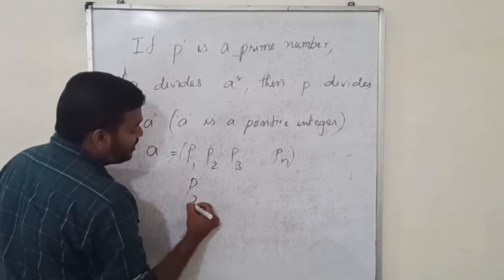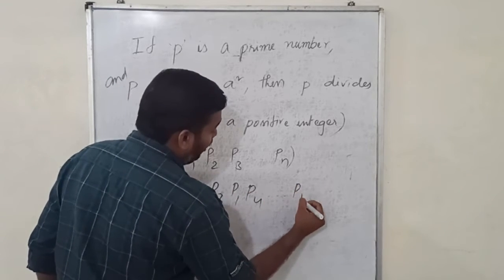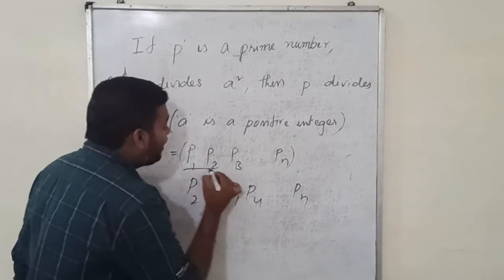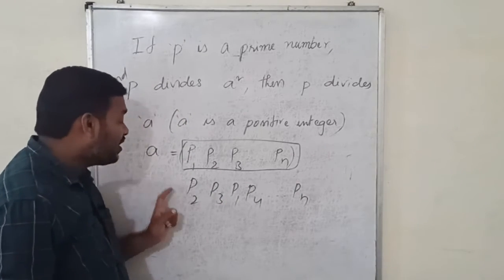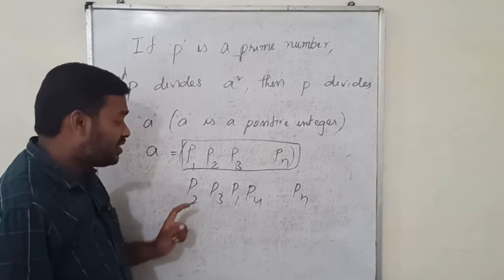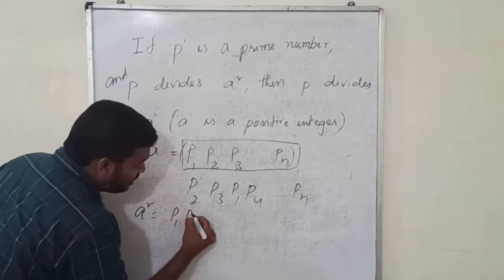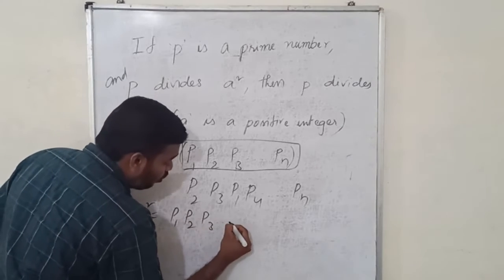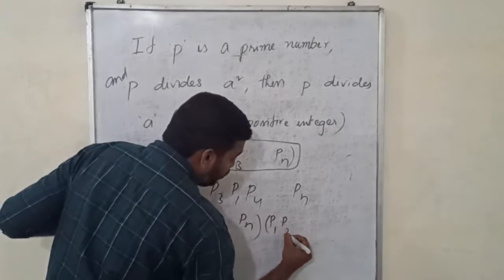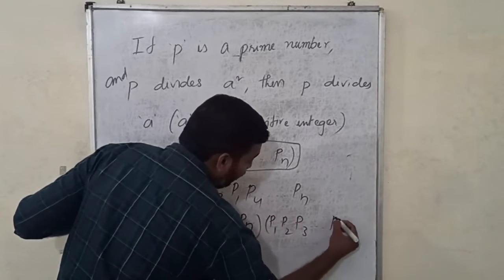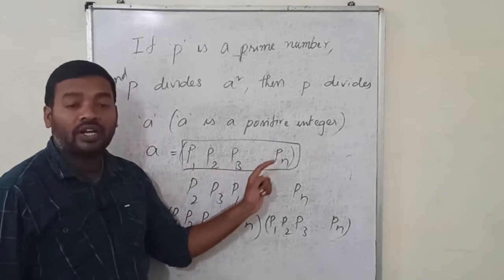That means you can write this as p2, p3, p1, p4, so on, pn also. The order is not necessary, but it can be expressed in the prime factors. And a square can be written as p1, p2, p3, so on, pn into p1, p2, p3, so on, pn, because a can be written as p1, p2, p3, so on, pn.